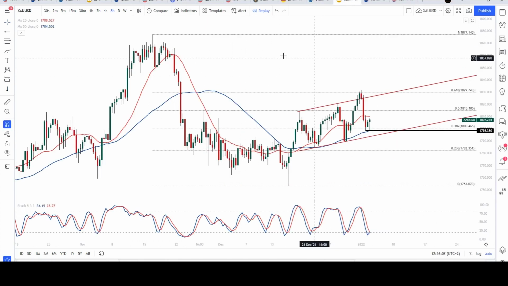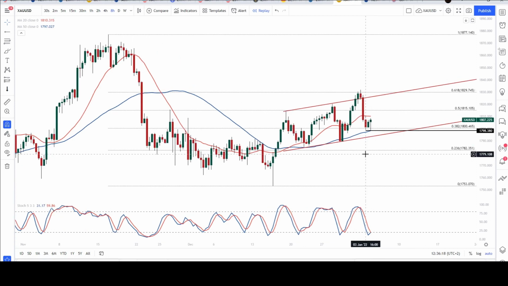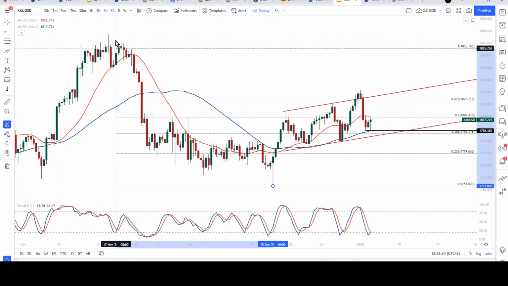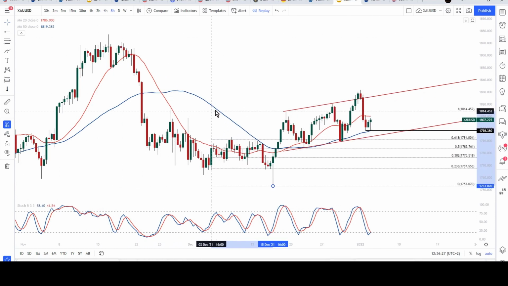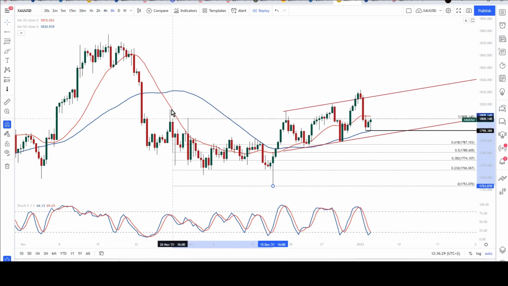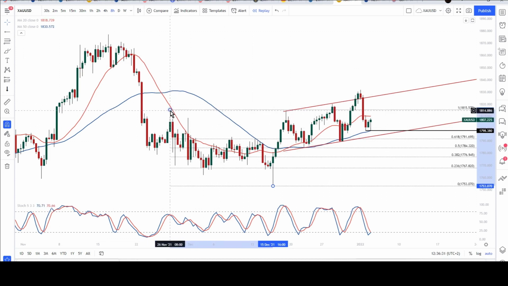And here we have the same situation. Basically, we went back using the replay tool to the very same time. And the factors that we have here, again, the Fibonacci. So here, obviously, because the market had already moved up there, it basically didn't make any sense to draw the lines from here.